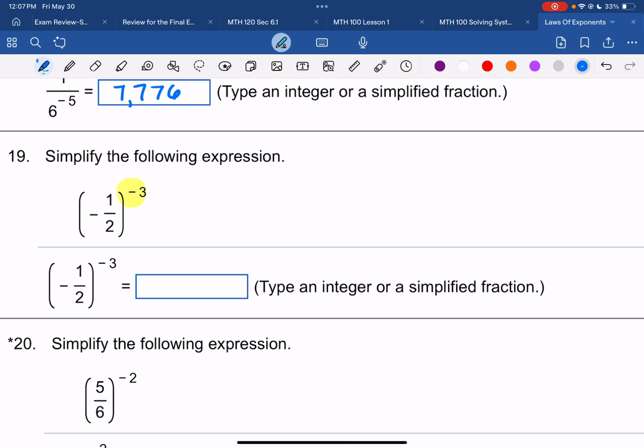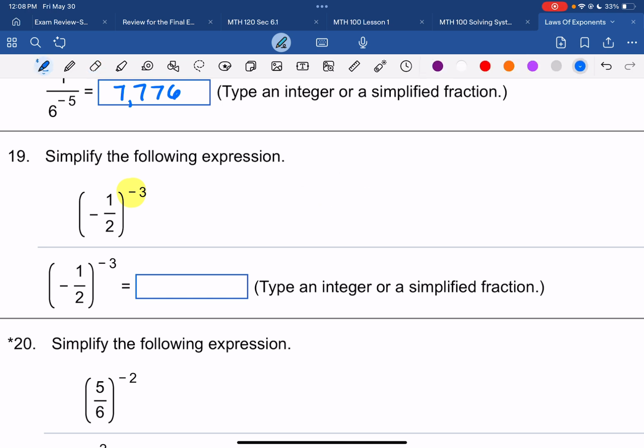So one thing I probably don't want to do is go 1 over negative 1/2 to the third. I can do it that way and do it on the calculator, but let's do it a different way. That's a lot easier.